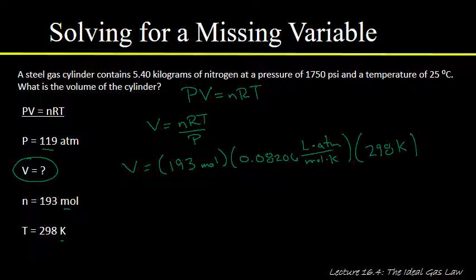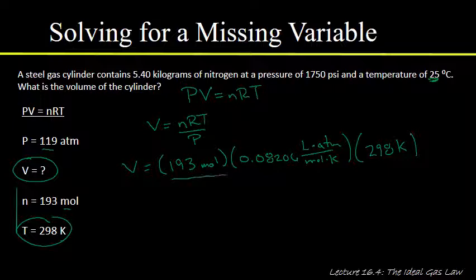Okay. And notice the temperature was given to us as 25 degrees Celsius, which looks like 2 sig figs. But once we add the 273 to it, to get 298 Kelvin, it's now 3 sig figs. So all of our data is in 3 sig figs.